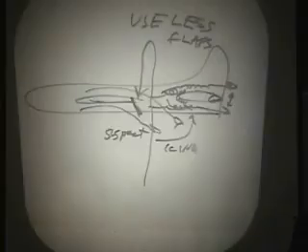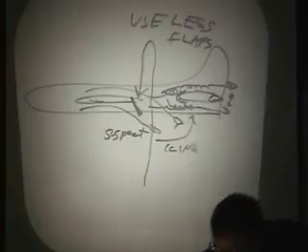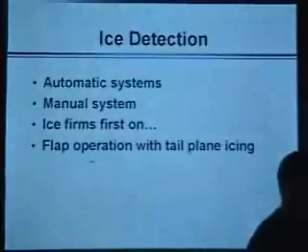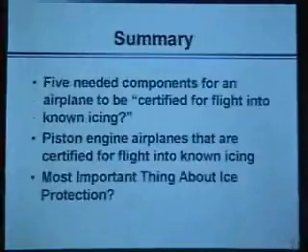So I encourage you, if you even suspect that there's tailplane icing, that there's icing on the horizontal stabilizer, then use less than normal flaps. Don't go beyond half of the flaps that you normally would. You'll be a lot happier that way.